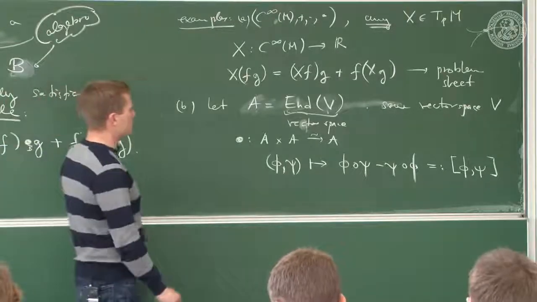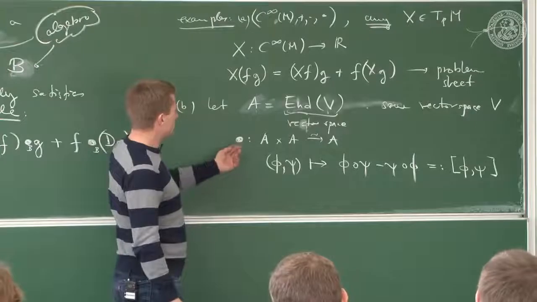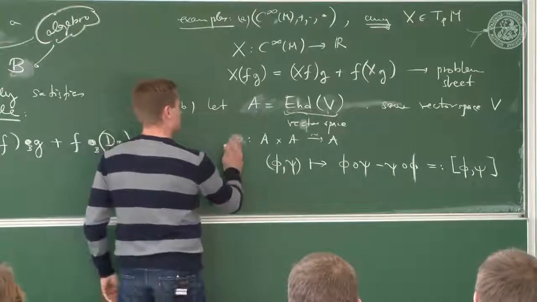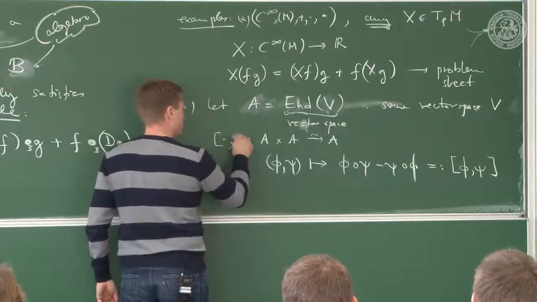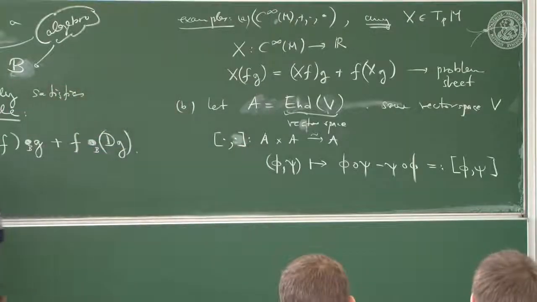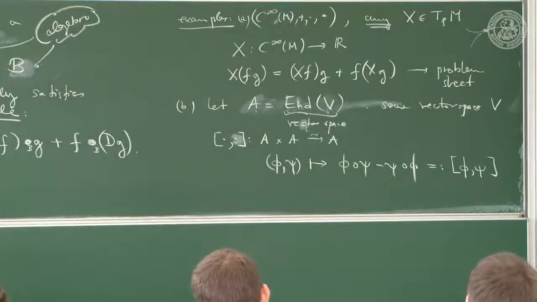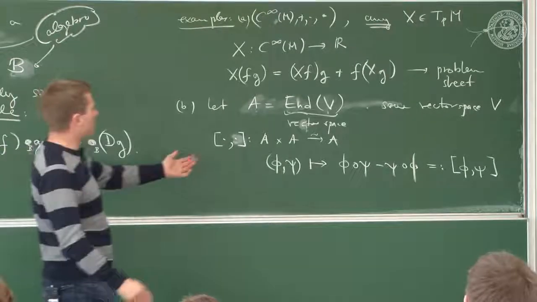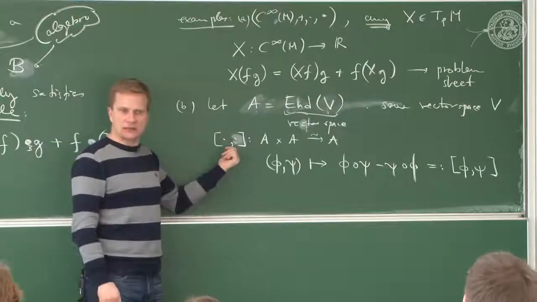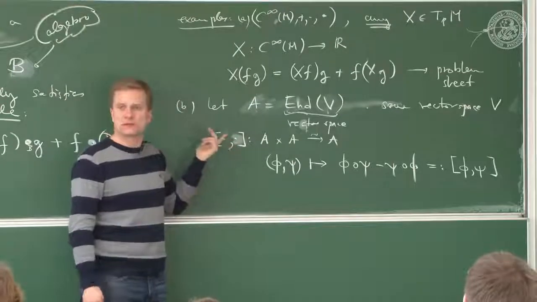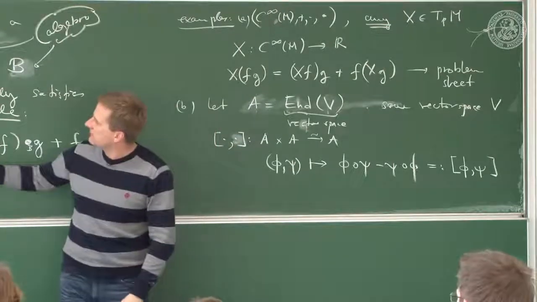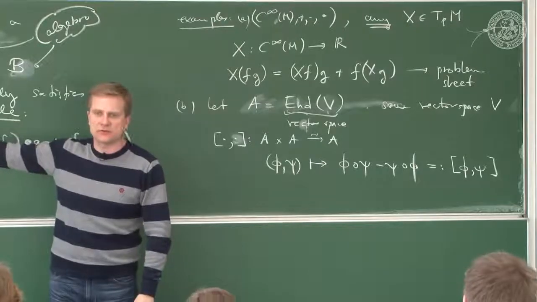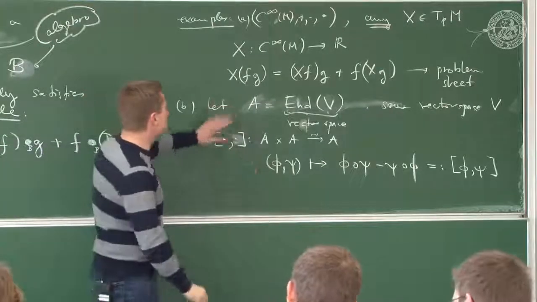Now this is the algebra, and you see that the multiplication has a different notation here. It has the notation of these brackets. It eats two algebra elements and spits one out. It's an example of an anti-symmetric algebra, an anti-symmetric product. But we said nothing about the bilinear map being symmetric, so this is fine. So this is an algebra.